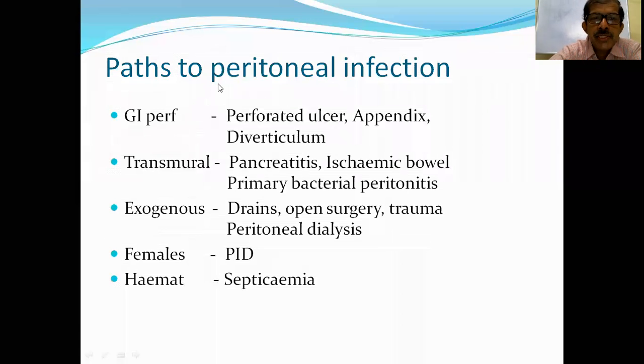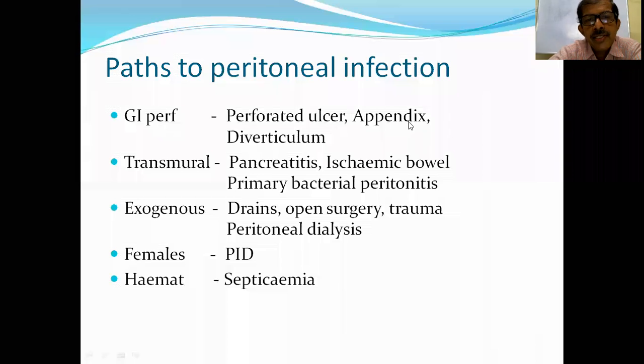So what are the ways the peritoneum will get infected? GI perforation is the commonest cause, mainly due to perforated peptic ulcer, appendicitis, diverticulitis of the colon.